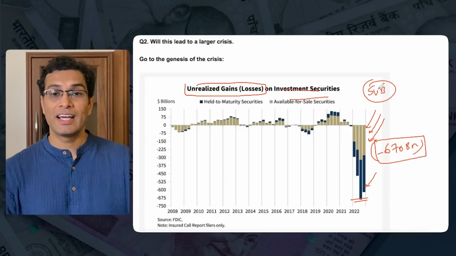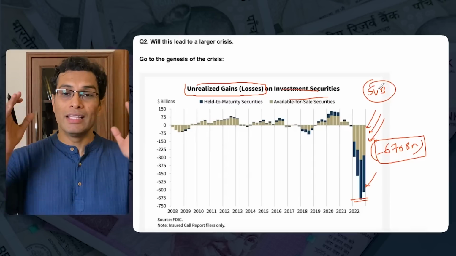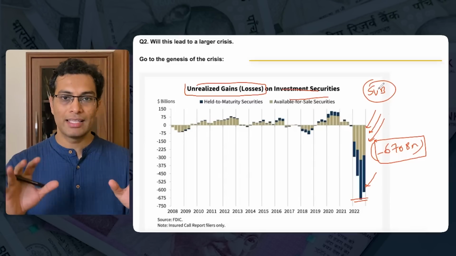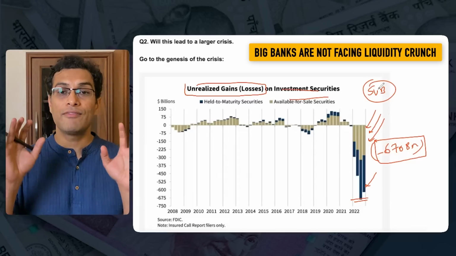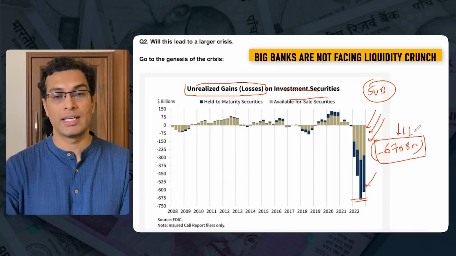But in the case of Silicon Valley Bank, they had no other option but to sell their securities. These other big banks, be it JP Morgan or Morgan Stanley, at least from the data, don't appear to be facing any kind of liquidity crunch, and they don't have to book losses here. It is like saying you purchased Nifty 50 at 18,500 levels. Right now, the Nifty is at 17,300-400 levels. You are sitting on a little bit of loss, but is that a real loss?